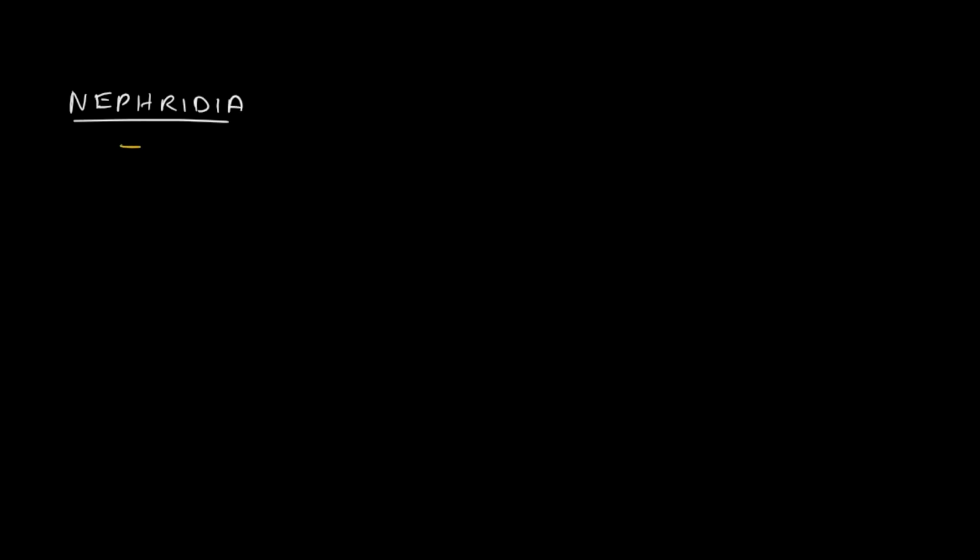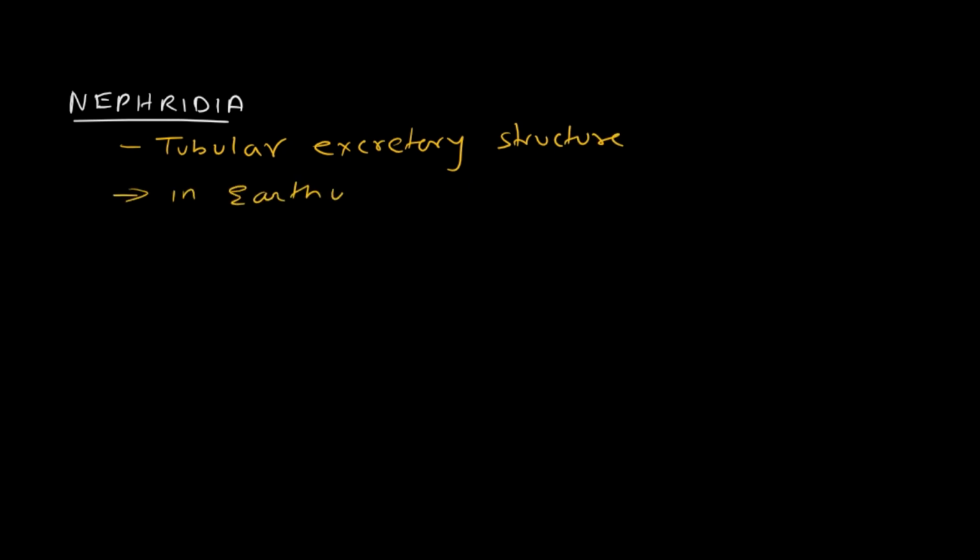Let's see another type of nitrogenous waste removing organ, that is nephridia. As compared to protonephridia, nephridia are a little more evolved. They are tubular structures and they are primarily present in earthworm, that is phylum Annelida.